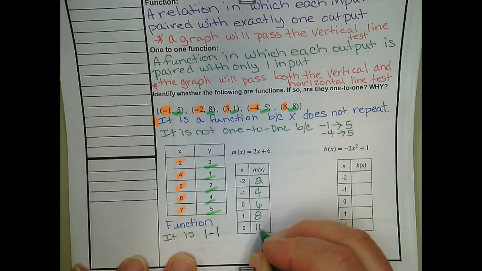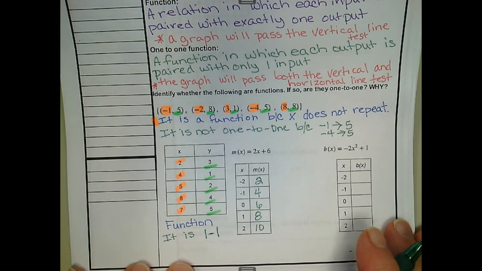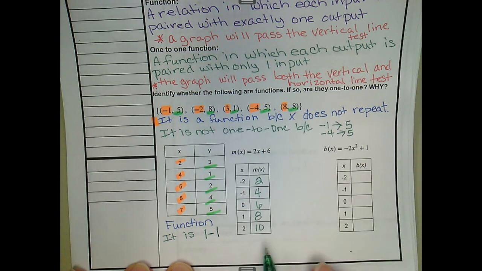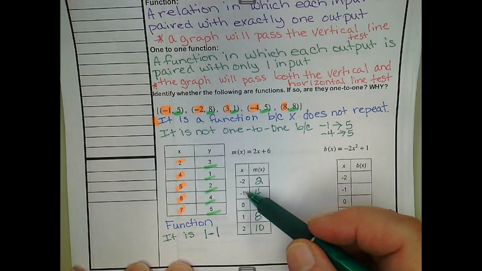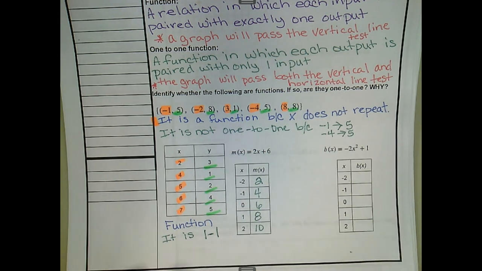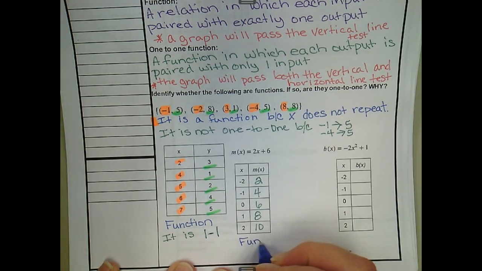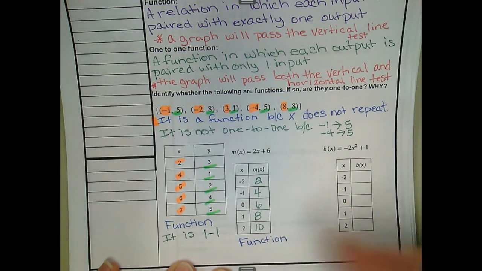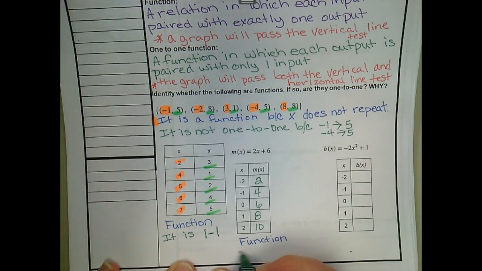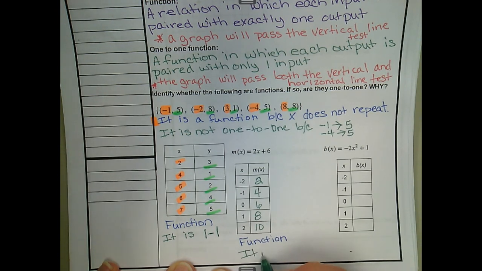It would be 10. 2 times 2 is 4. 4 plus 6 is 10. -2, -1, 0, 1, 2. So it is a function. Okay, 2, 4, 6, 8, 10. It is 1 to 1.